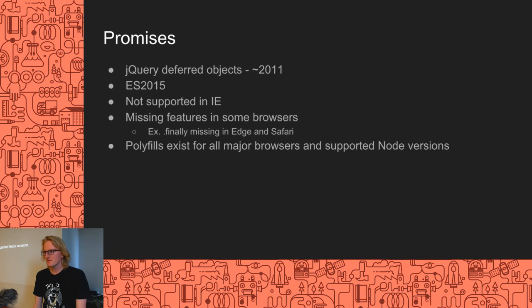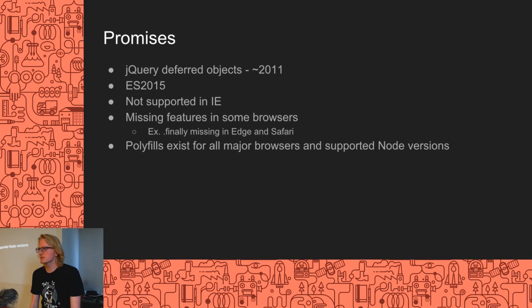They were finalized with a final spec in ECMAScript 2015, which was the yearly standard version that the JavaScript standards set on in 2015. But jQuery and many other libraries have been using things similar to promises for years and years before then.